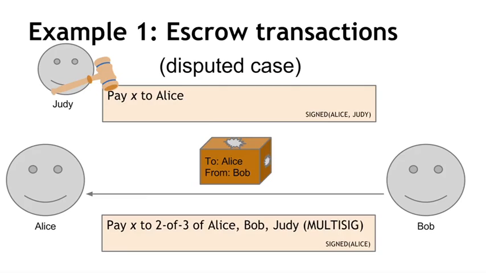And of course, Judy would have the opportunity to rule in the other direction. If Judy thinks that Alice is at fault here and Alice is simply refusing to pay when she should, Judy can sign a transaction with Bob, sending the money to Bob. So Judy essentially has full control here, but the nice thing is that she won't have to be involved unless there's a dispute.